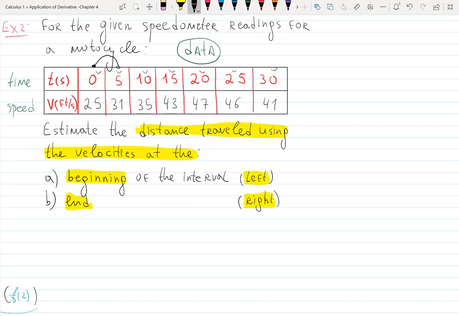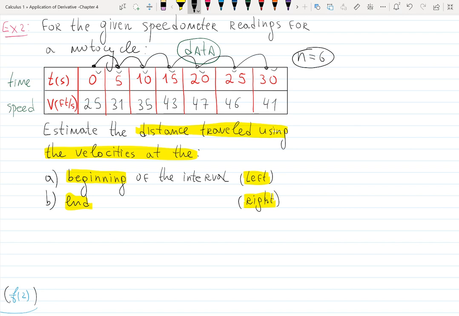From 0 to 5, that's one interval. From 5 to 10, 2, 3, 4, 5, 6. So n is 6. Either you calculate by hand like this, but what if you have 25? That is not very convenient to count by hand.